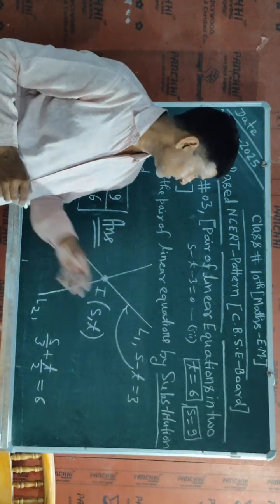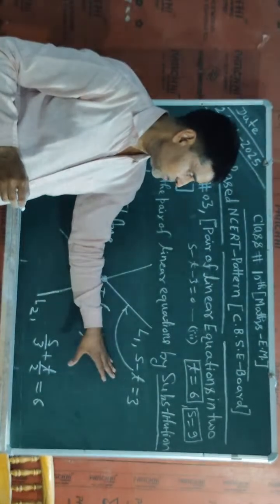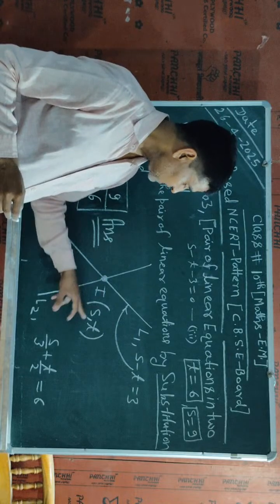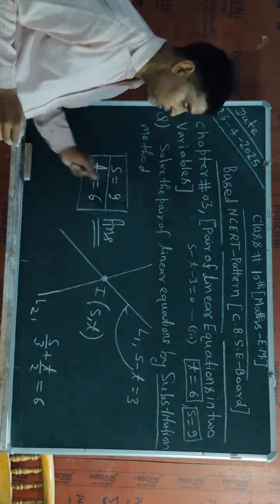There are 3 conditions available for a pair of straight lines. I will check all these 3 conditions and decide in which condition the lines exist. If in the first condition both lines are existing, it means there is a unique solution, and I have got that unique solution here.